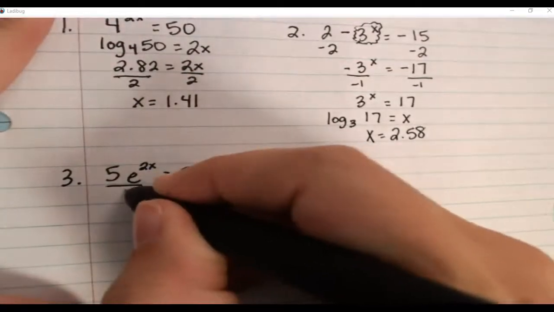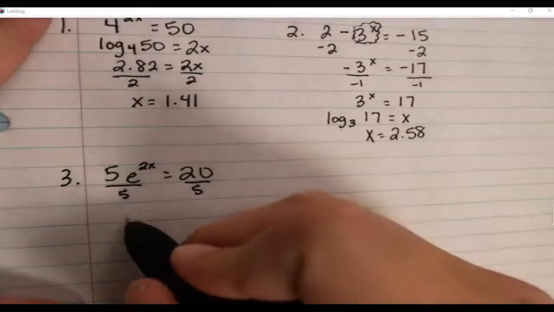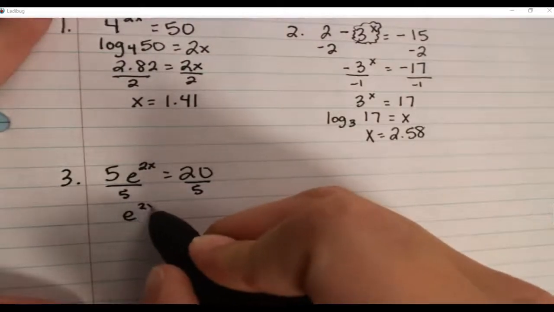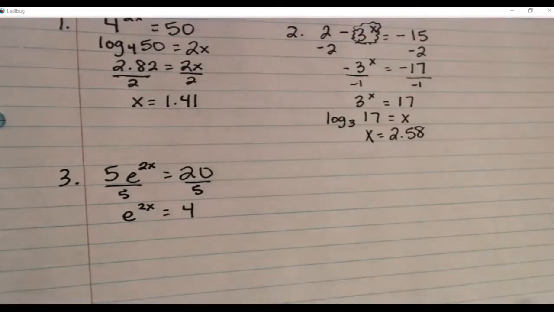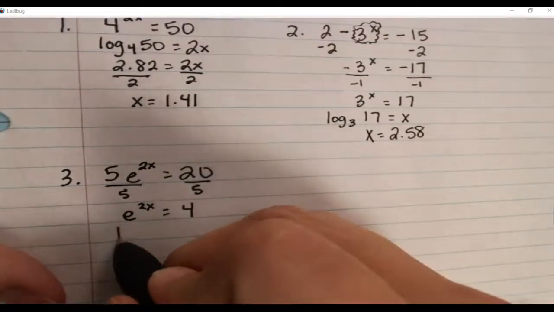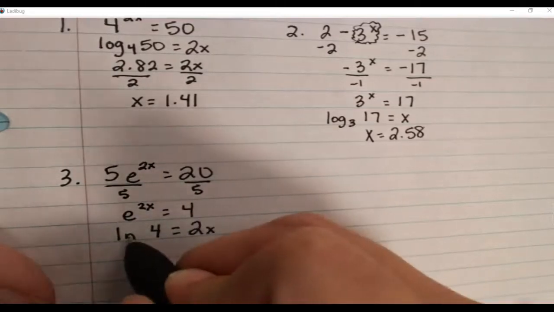Good. Divide by 5. So then we get e to the 2x equals 4. And then if it's an e, it becomes an ln. So then that becomes ln of 4 equals 2x.